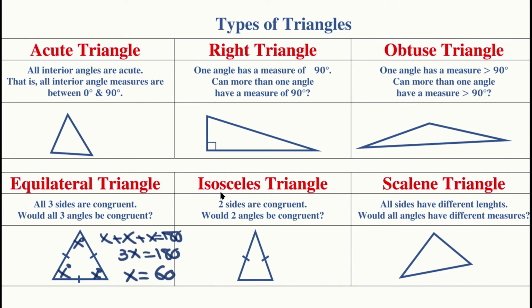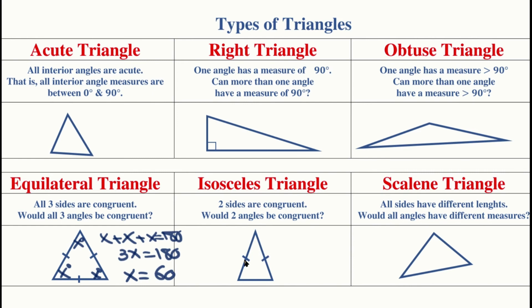An isosceles triangle is a triangle with two sides that are congruent, right? Exactly two sides. So notice that the angles opposite those two sides will be congruent, but not that one. Now, to be isosceles, you really need at least two sides that are congruent.